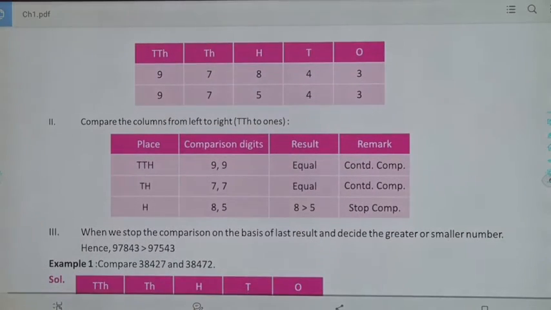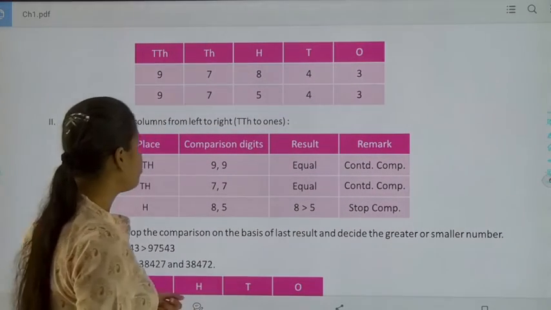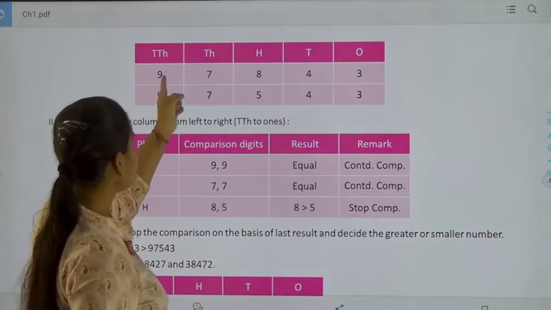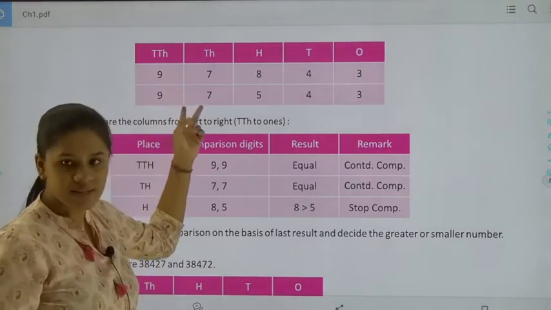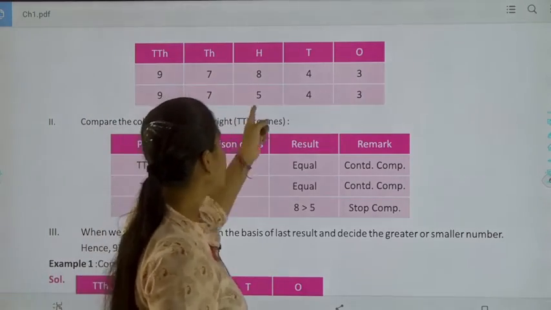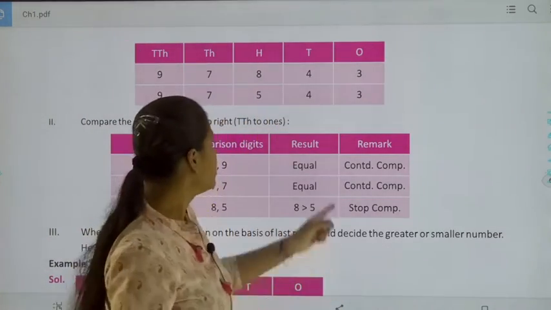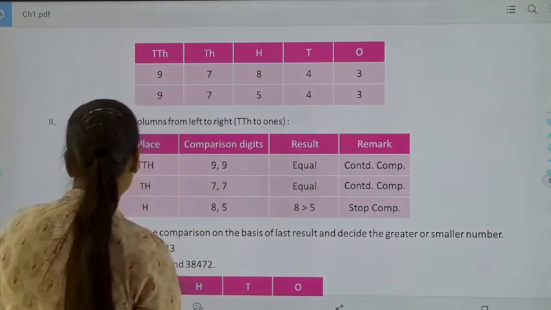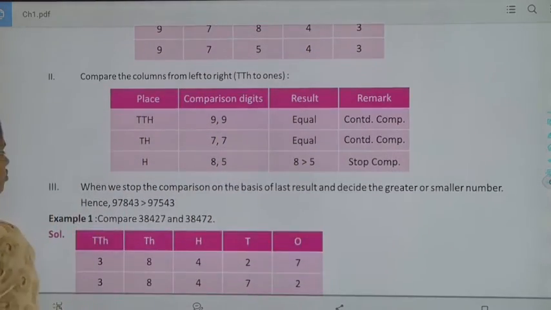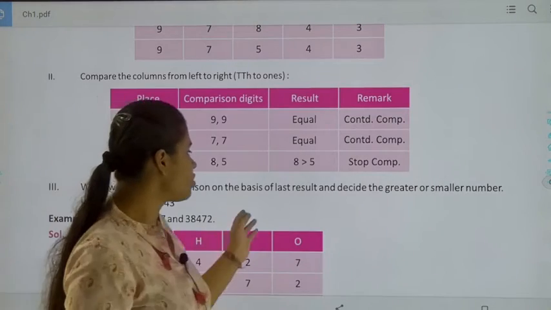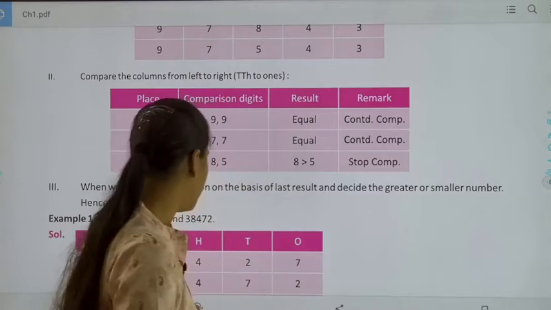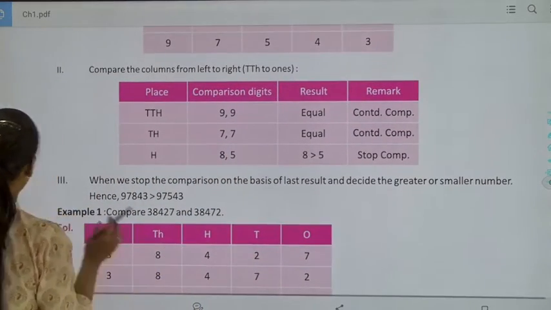Now move to the next, that is compare the columns from left to right. So we have to compare thousands and ten thousands. Both are same, but hundreds columns are different. Tens column same and ones column same. When we stop the comparison on the basis of the last result and decide the greater or smaller number, we have to check the place values.